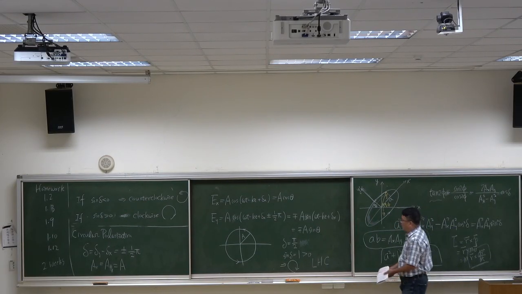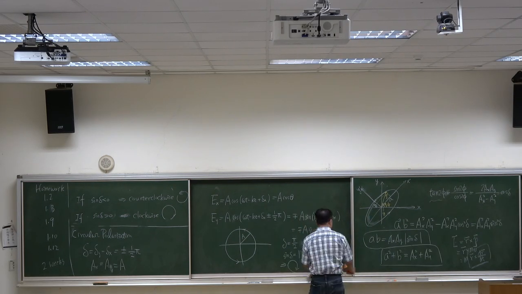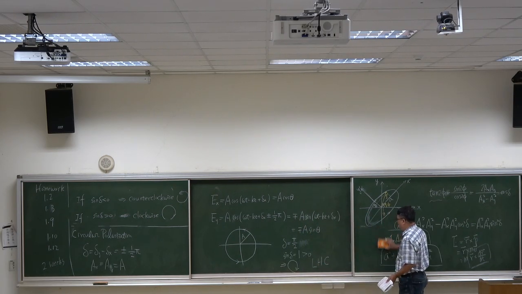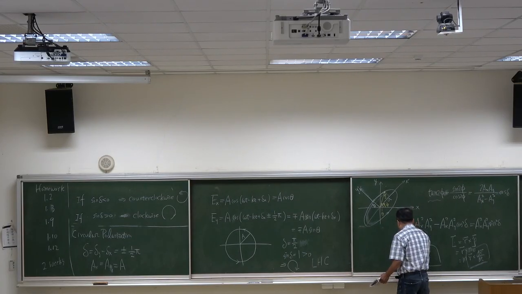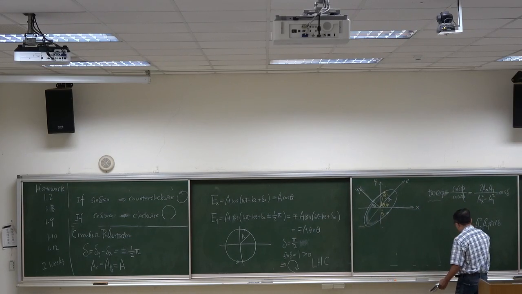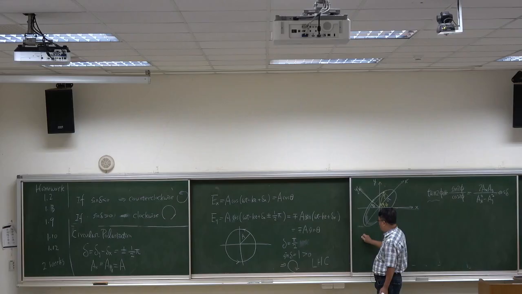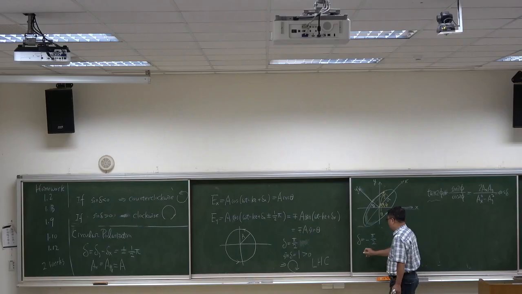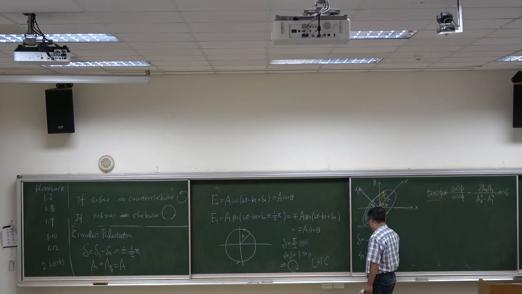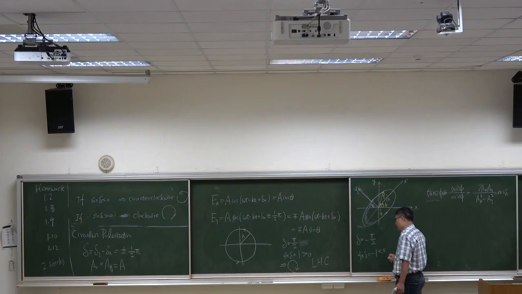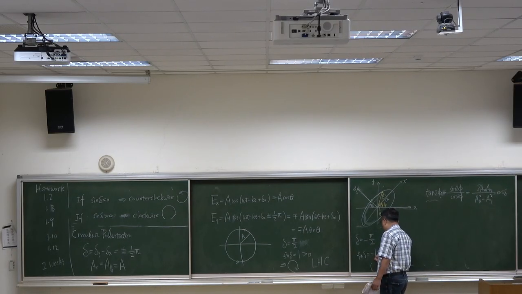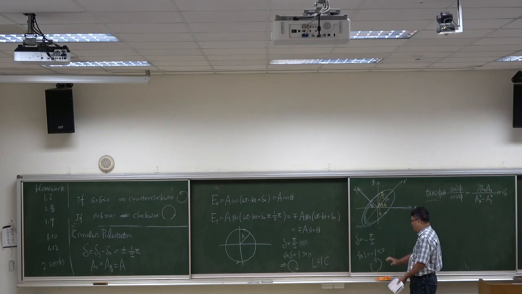Okay. And for delta equal to minus half pi, sine delta is equal to minus 1, which is negative. So we have counterclockwise revolution. Okay, this is right-hand circularly polarized light.